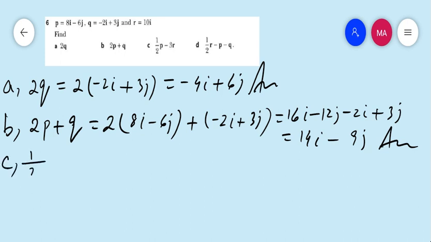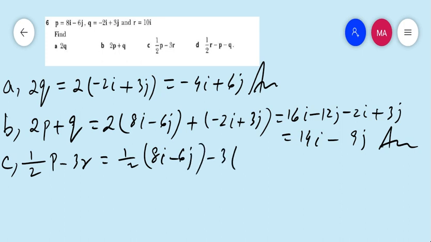Part C is 1 upon 2P minus 3R. So 1 upon 2 P is 8I minus 6J, minus 3R. R is 10I.